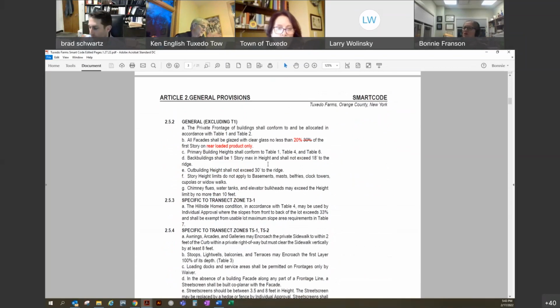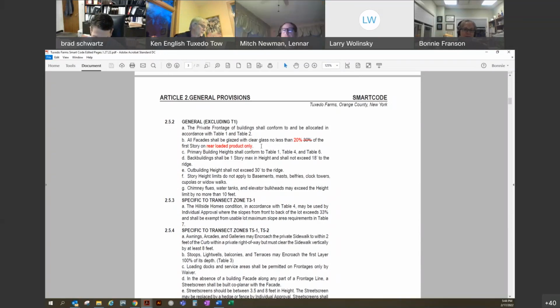So general, all facades shall be glazed with clear glass no less than, it was 30%, it's now 20% of the first story on rear loaded product only. I'm guessing that's because a lot of the home types are now proposed to be front loaded garages. Yes, that's exactly it.